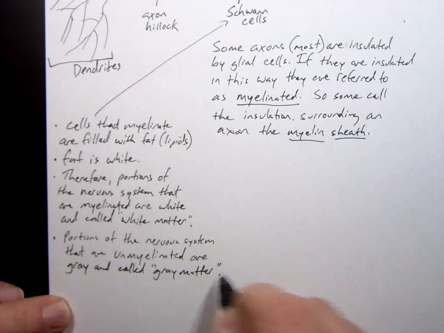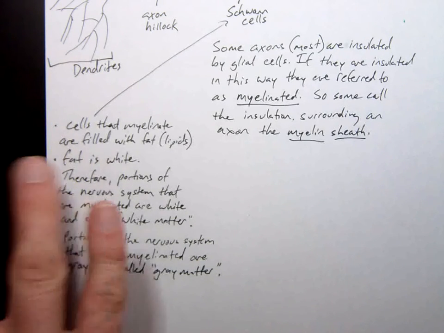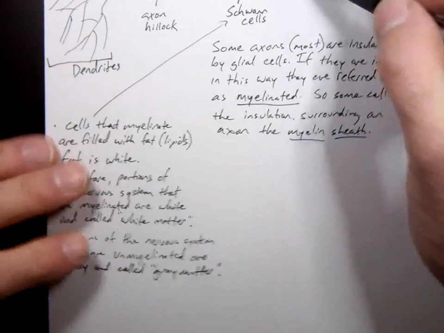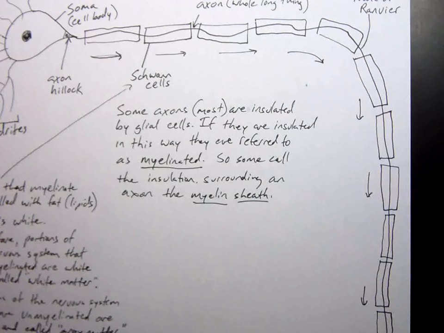Now, the thing about this, gang, is portions that have a whole lot of axons. Here are some good examples: any cranial nerve or spinal nerve or your spinal cord or the optic nerve. They're all just gigantic bundles of axons, which is why they're white, because they're insulated or myelinated.